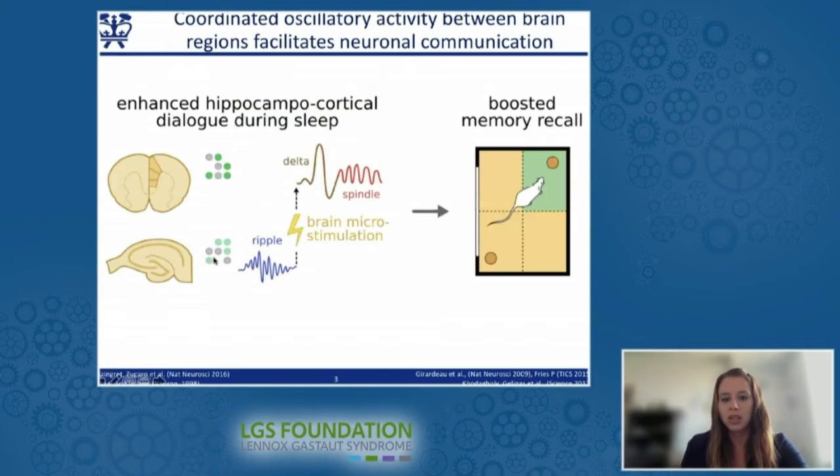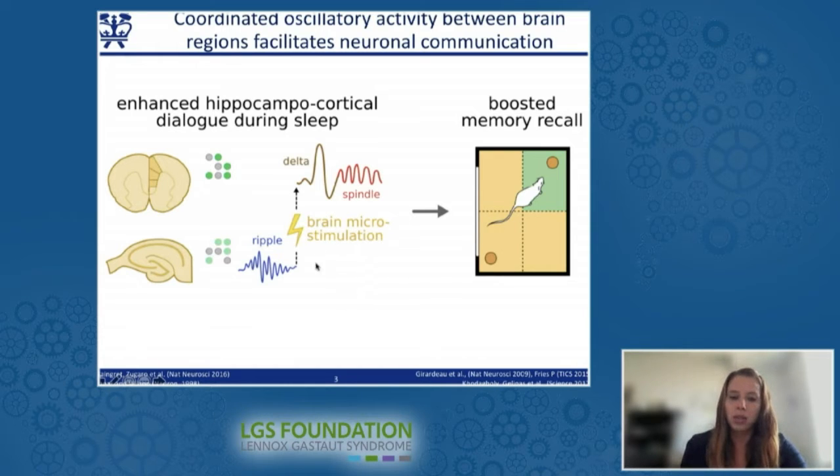This was highlighted by a very nice study in an animal model where they looked at long-term memory, which requires a dialogue between the hippocampus and the cortex, so a large-scale network.